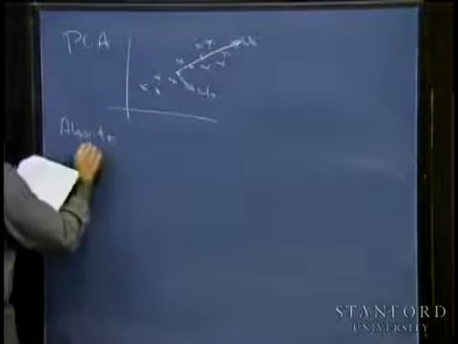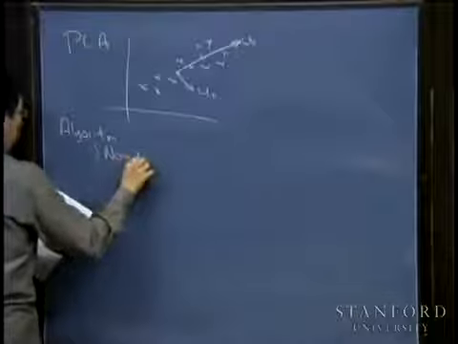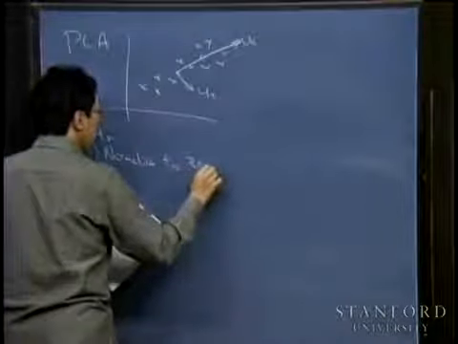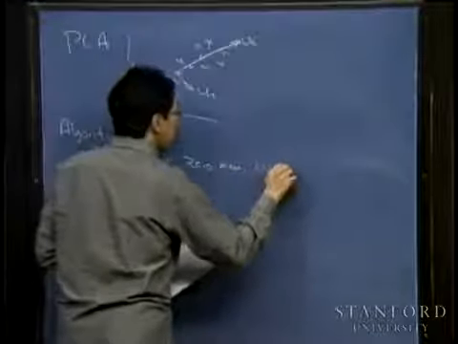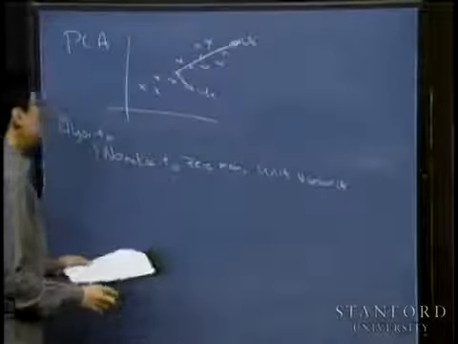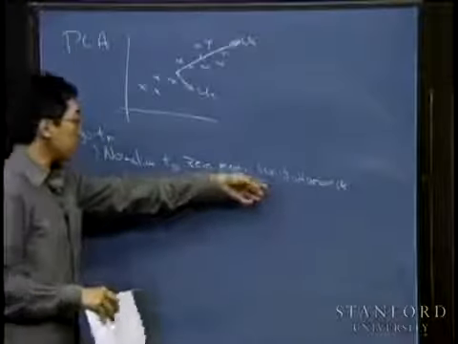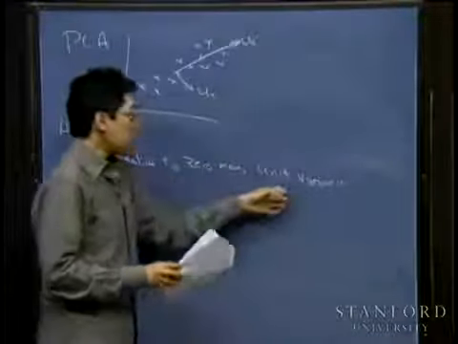To summarize the algorithm, we had 3 steps. The first step of PCA was to normalize the data to 0 mean and unit variance. So subtract out the means of your training examples so it now has 0 mean, and then normalize each of your features so that the variance of each feature is now 1.